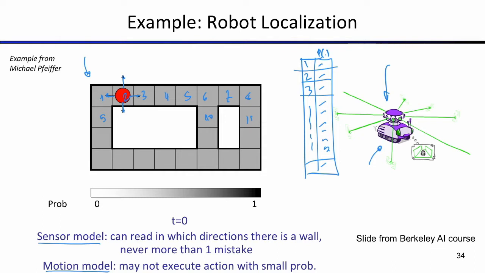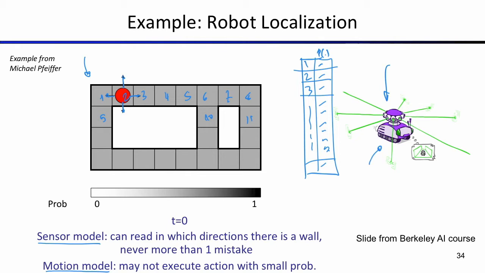In the sensor model, we can read in each direction whether there is a wall, but never with more than one mistake. So this is a noisy sensor. It can make just one mistake or no mistakes at all. It cannot make 2 or more mistakes. And the motion model is that the robot may not execute the action with a small probability.